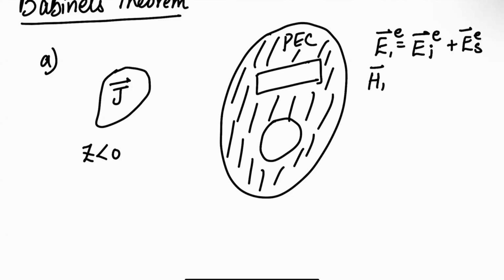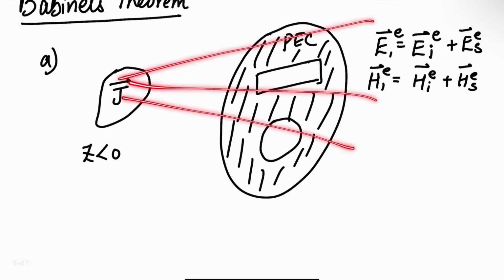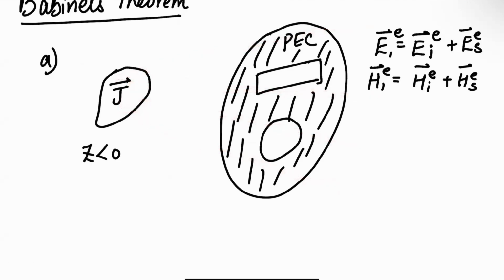Similarly, H1 is a combination of the incident field and the scattered field. Okay, so the incident field is the field when I don't have PEC, right? I don't have PEC, J directly comes out here, produces fields everywhere. E1 and H1 are the fields in the right half space when I do have a scatterer.